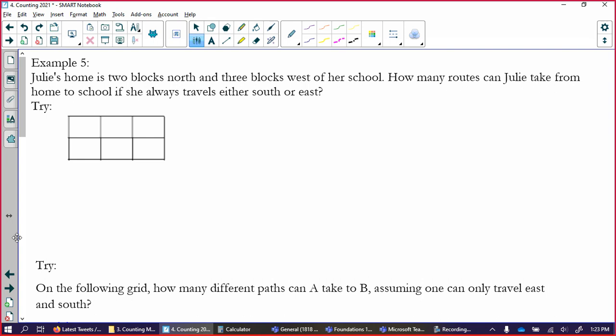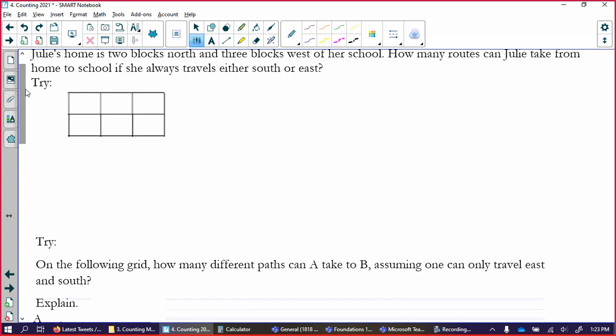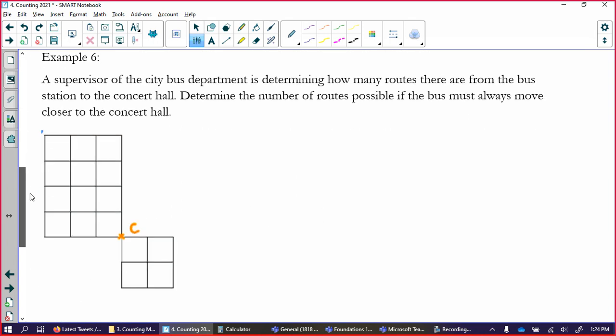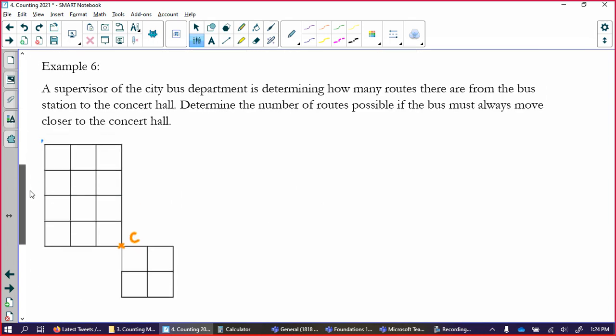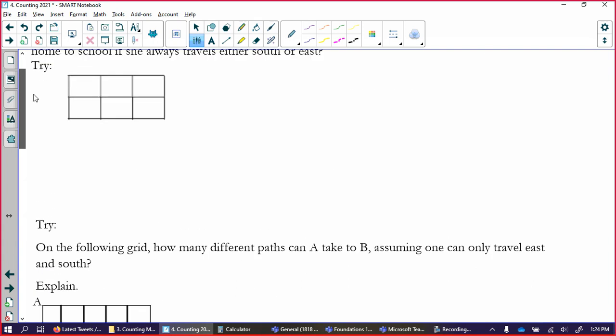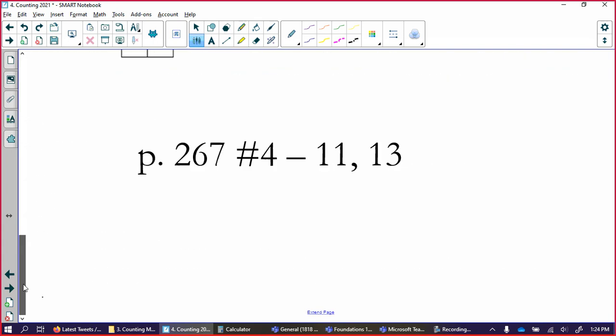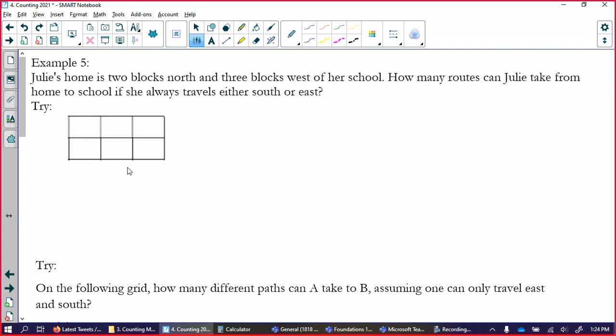So these are some traditional repeat type things, and there's kind of a trick. And then we have one that has a point C. And then there's some questions to try, and that's it.